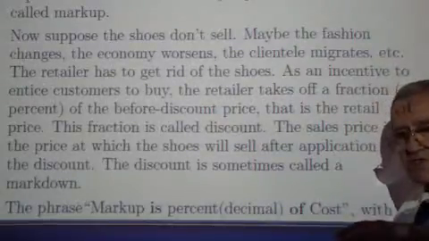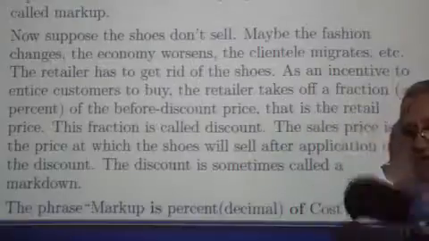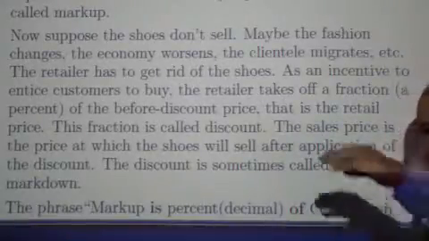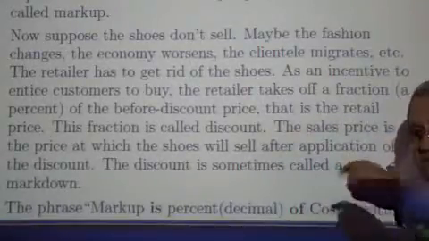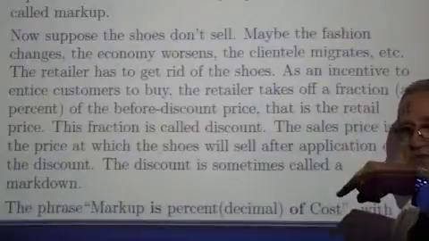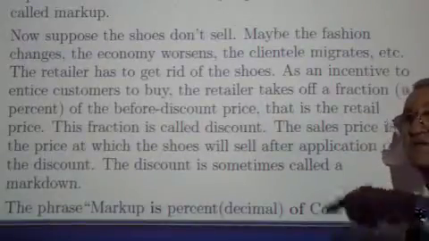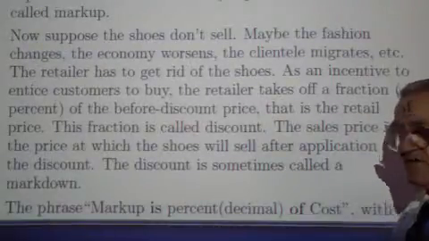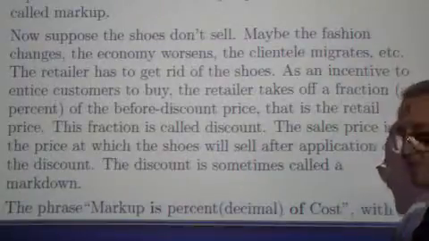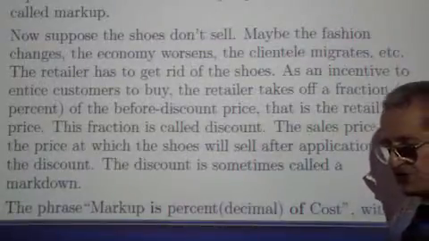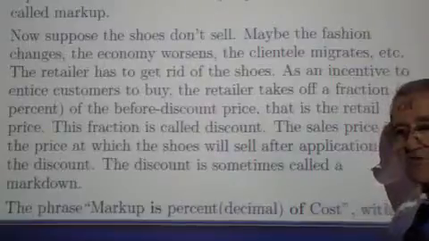So you have cost, the markup, that gives you the sales price. Or you have the regular price, you want to get rid of it, minus the markdown, minus the discount, that's your sales price. So there are two ways of getting sales price. After you buy the shoes yourself, you want to sell them, that's markup.